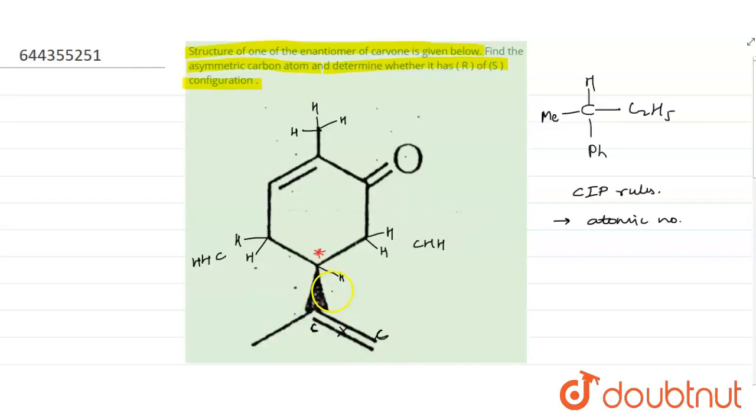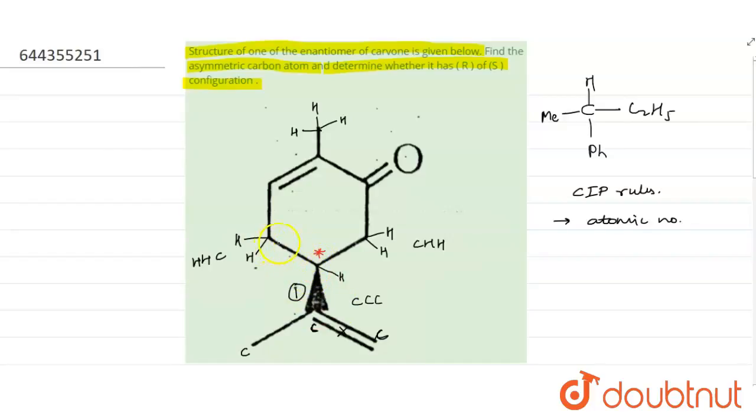So this particular group will divide into three carbons, like carbon, carbon, and carbon. So it will become CCC. Because it has CCC and these two have CHH, the priority will be given to CCC. Okay, so the first priority will be given to this group. So this will be numbered as 1.